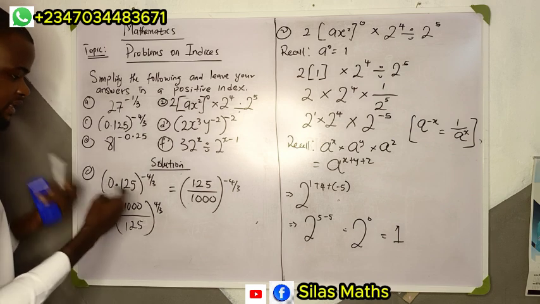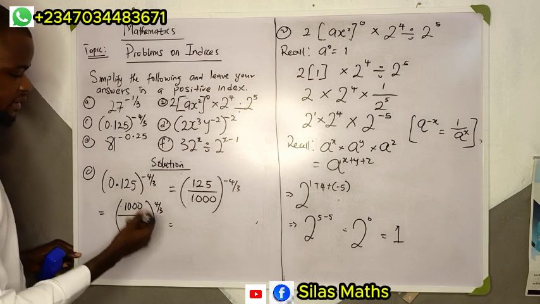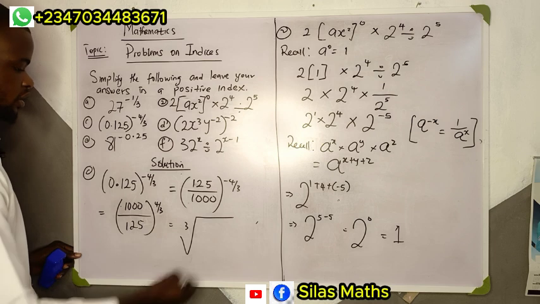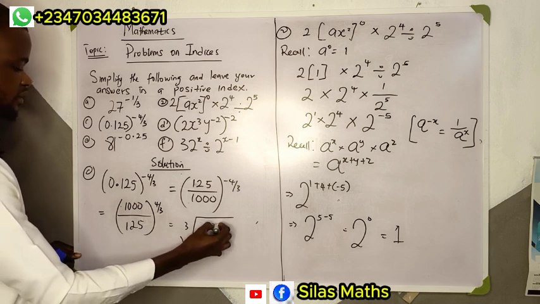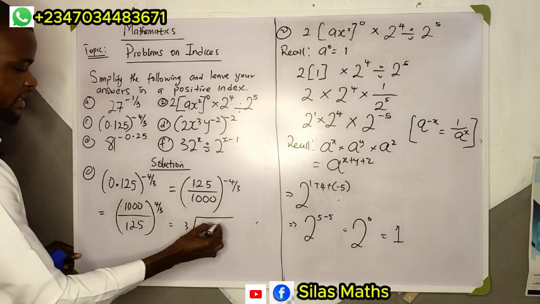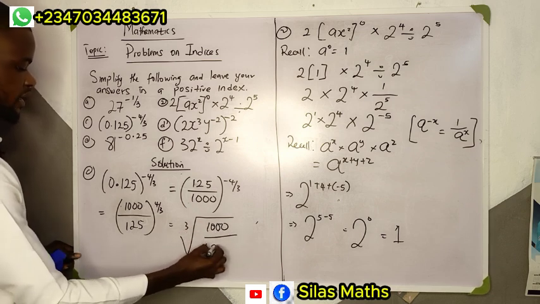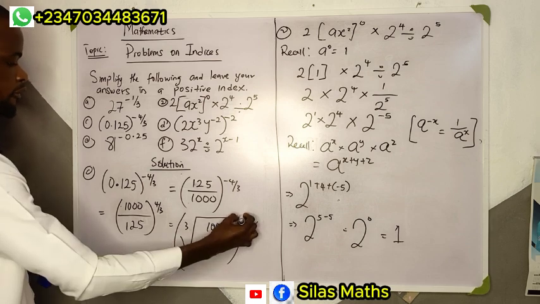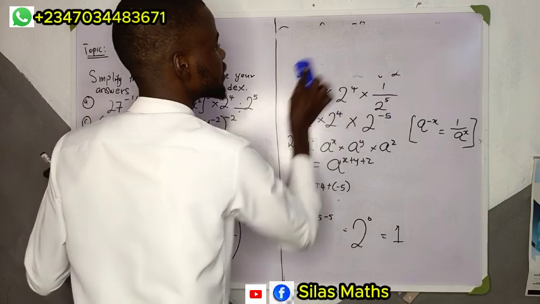So I can express this as 5 times 5 times 5. And in doing that, I can say that this is the cube root of 1,000 all over 125 all to the power of 4. Okay, so solving that further, we are going to have this.